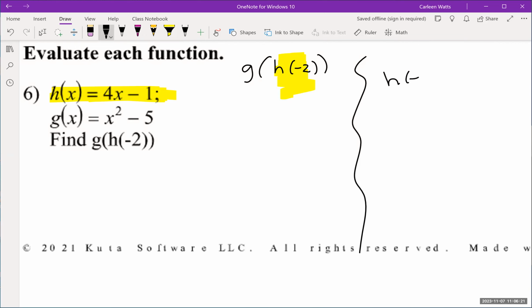So h of -2 is 4 times -2 minus 1, which is -8 minus 1, which is -9. So I'm going to take out h of -2 and replace it with -9. Everyone see what we just did?